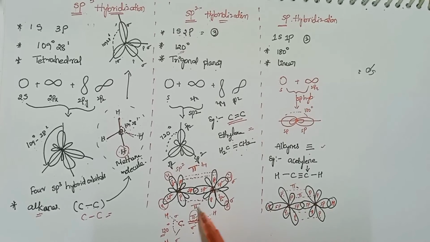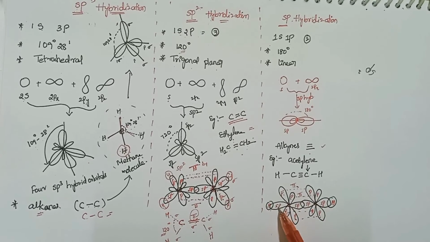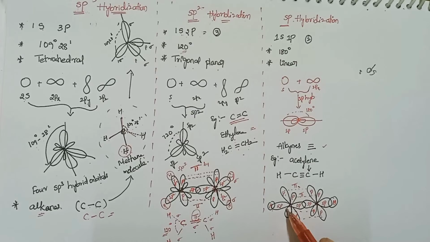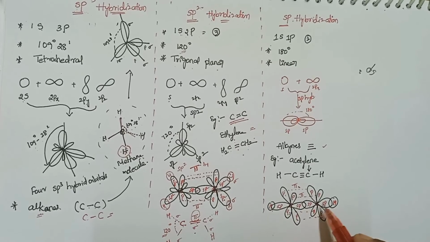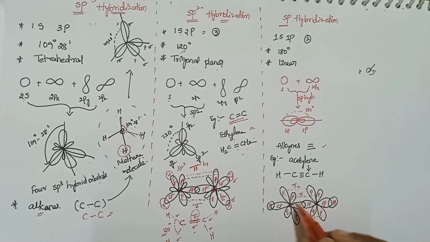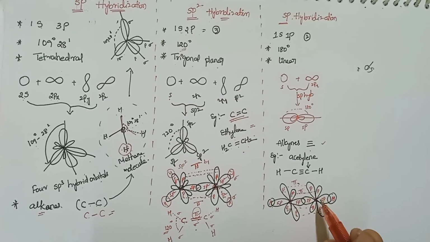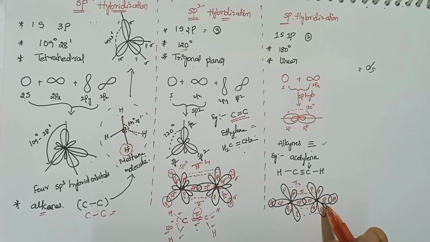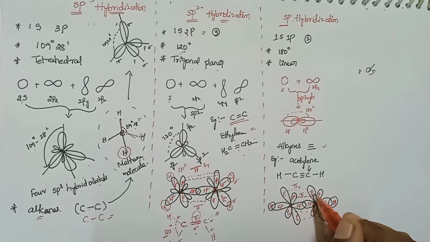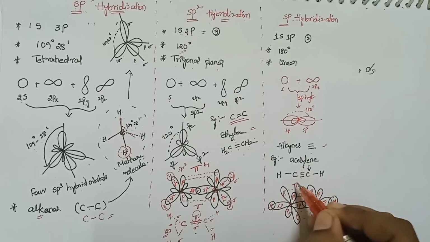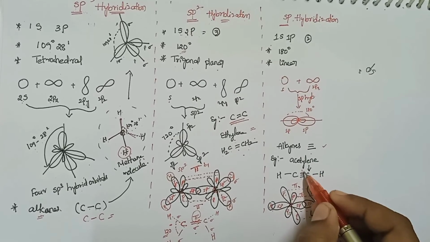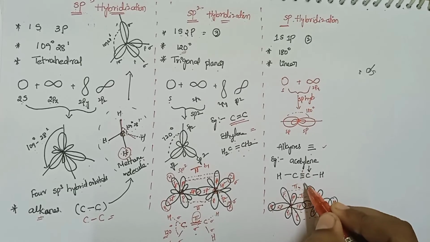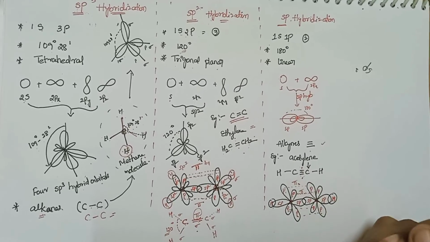Same as sp2, an sp hybrid orbital of one carbon atom overlaps with an sp orbital of the other carbon, and the p orbitals overlap sideways. Of the three bonds in acetylene, two bonds are pi bonds and one bond is a sigma bond.